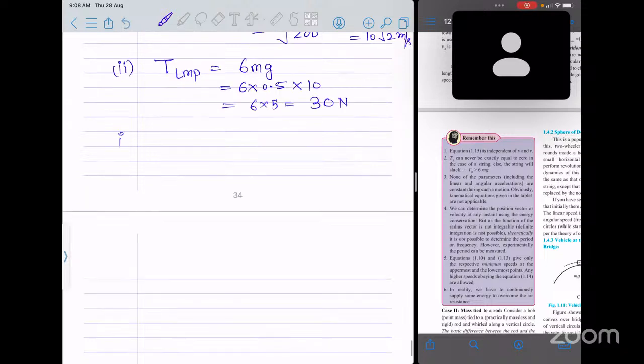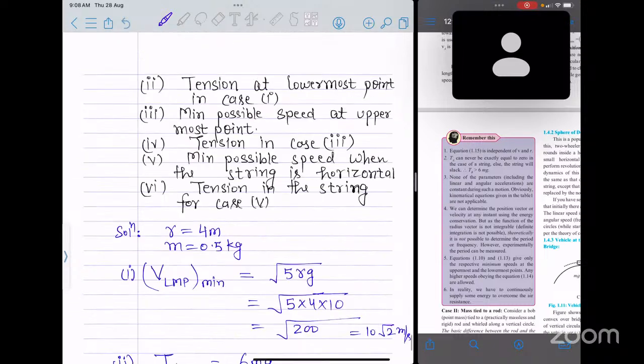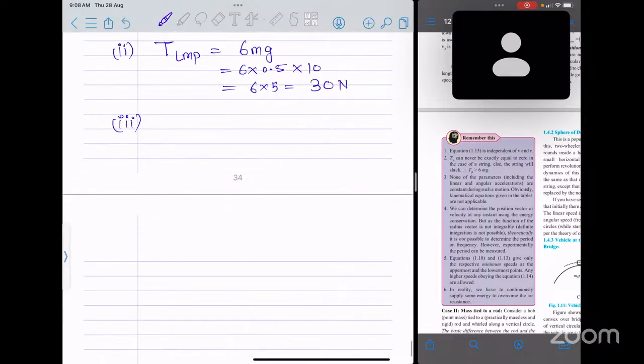Next, third point, we have to find minimum possible speed at uppermost point. So V at uppermost point, minimum, whatever be the name of this point, A, B, C, P, Q, R, doesn't matter. The formula for the uppermost point is square root rg.